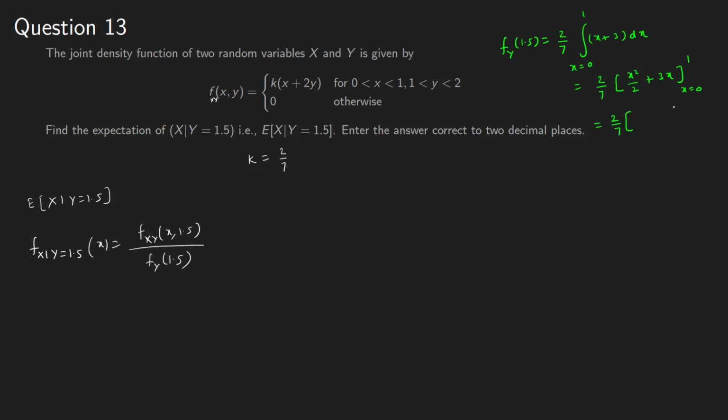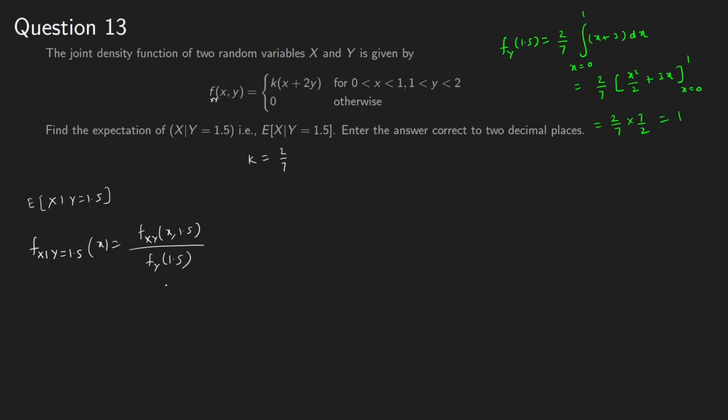If we put x equals 1, we don't need to worry about x equals 0 because the expression will become 0 there. So 1 by 2 plus 3, it will be 6 plus 1, 7 by 2. So 2 by 7 times 7 by 2 comes out as 1. So the marginal of y at 1.5 is simply equal to 1.